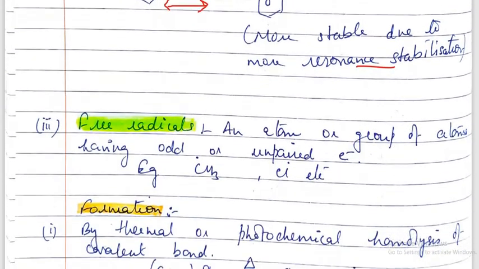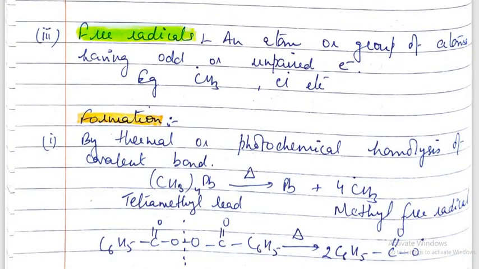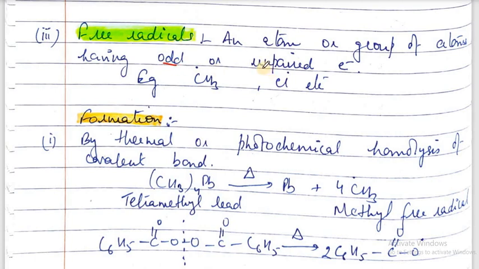Now the next reactive intermediate is free radicals. Free radicals are chemical species, atoms or groups of atoms, with an odd or unpaired electron. Examples are CH3 with a free electron and Cl with an odd electron.